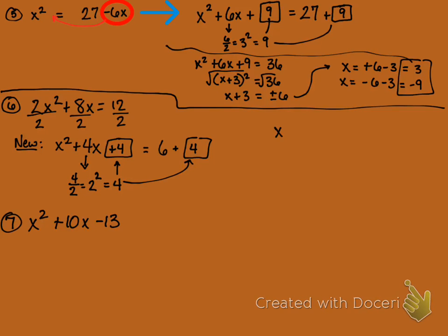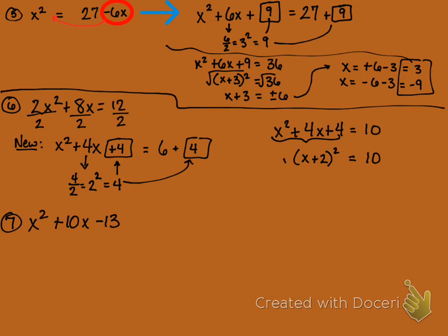So out to the side, I'm going to rewrite everything. All right, x squared plus 4x plus 4 is equal to 6 plus 4, which is actually 10. All right, and so let's see how this would help us out. This factors very simply to be x plus 2 and x plus 2, or x plus 2 squared equals 10.